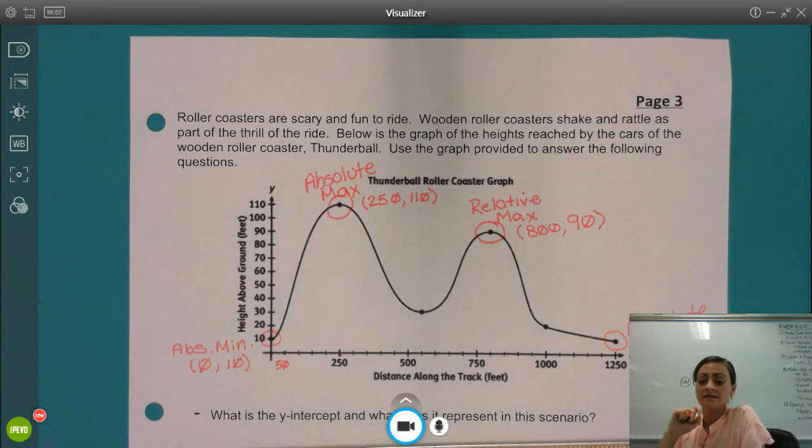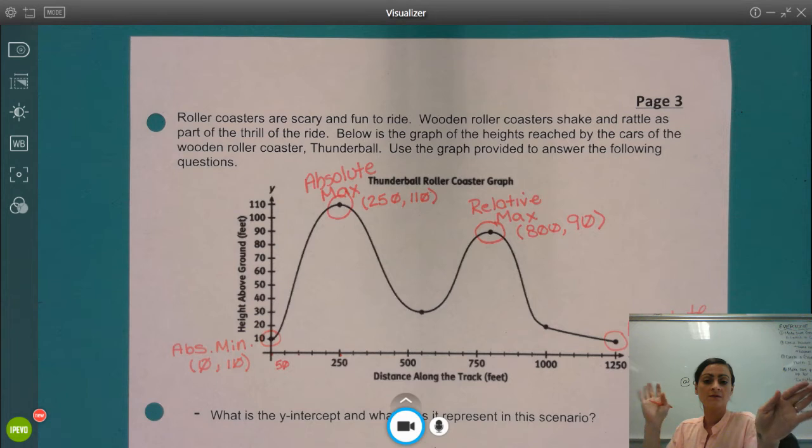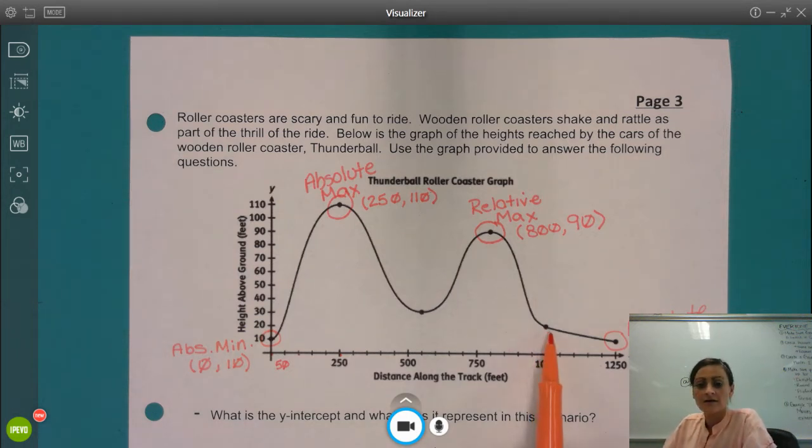A relative minimum will be the lowest point in relationship to the graph to the left and the right of that point. This point here is not considered an absolute minimum because if I look at the graph to the right, it's still going lower than where I am at that point.